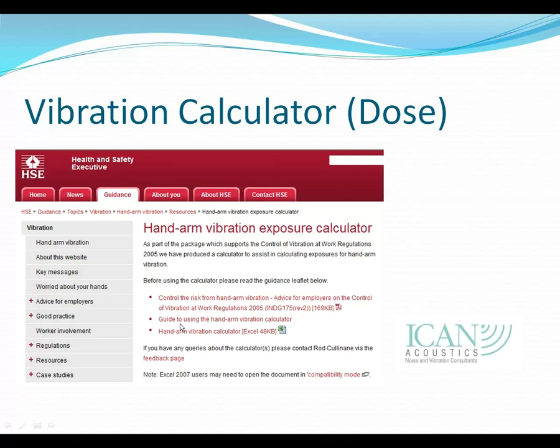They also provide a guide to using their hand-arm vibration calculator, and they have a calculator in Excel, where you can measure the vibration level of a given hand tool, for example, and work out based on the time on that machine what the daily and weekly exposure values are, and see where it sits in relation to the exposure action values and the limiting values for that day.